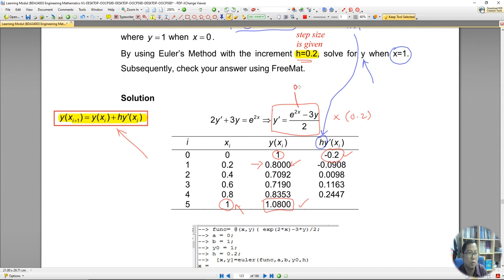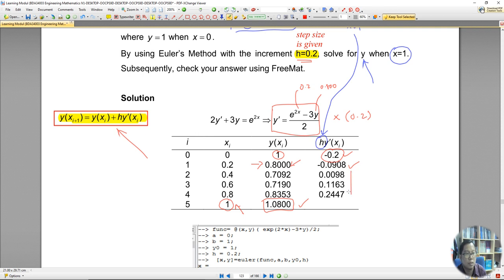In this case x is 0.2 and y is 0.800. Then you multiply by 0.2 and you get minus 0.0908.